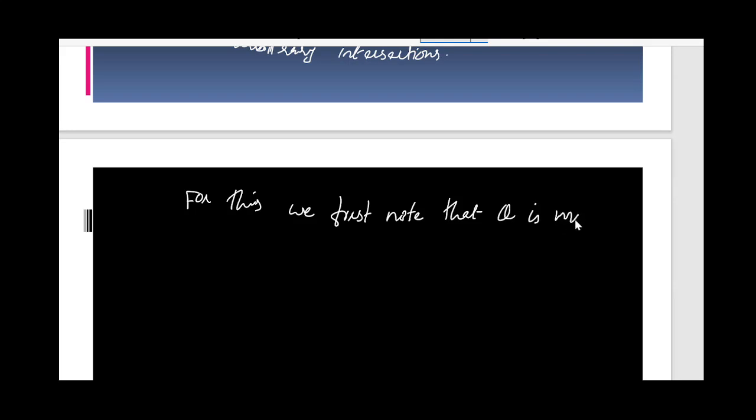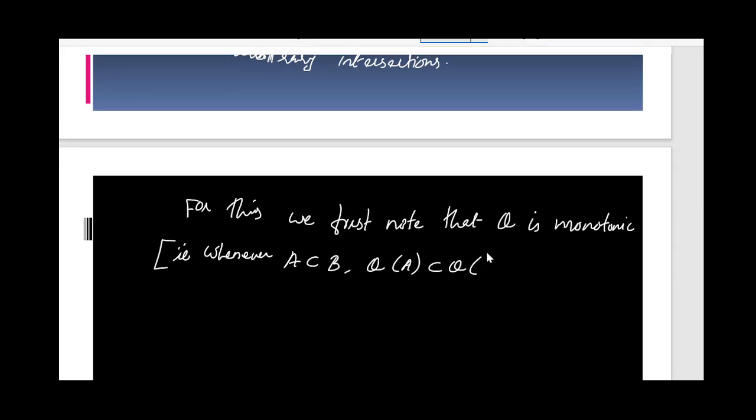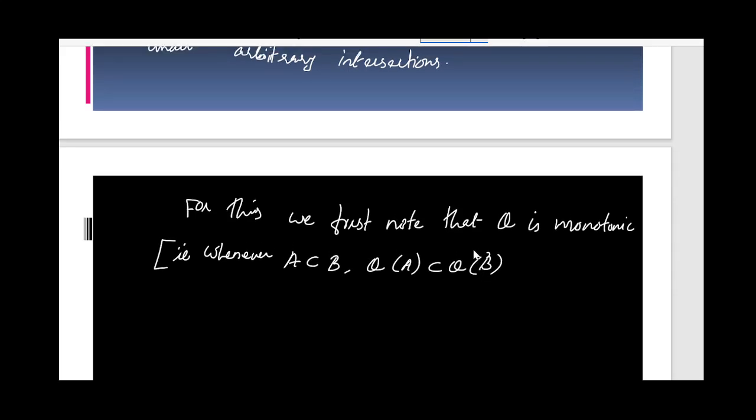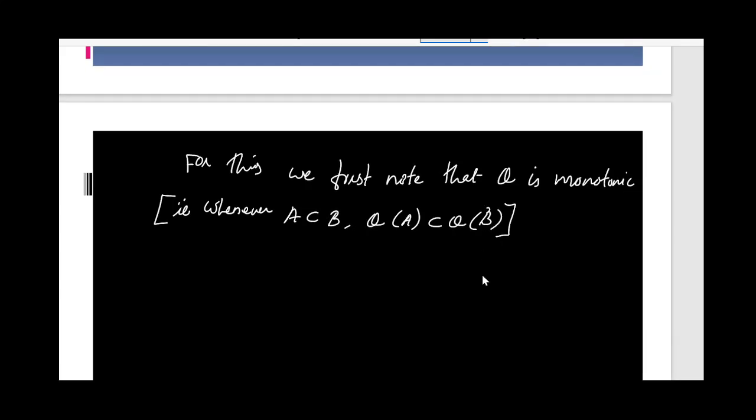That is, whenever A is a subset of B, theta of A is a subset of theta of B. This is the meaning of monotony. That is, if A is contained in B, then theta of A is contained in theta of B. So this is called the monotony.